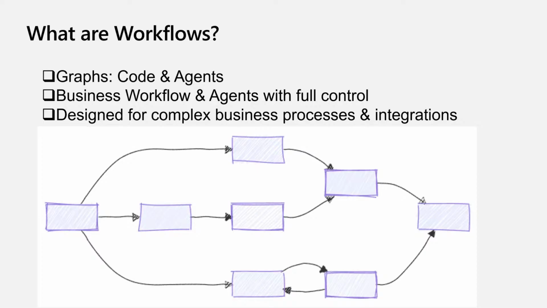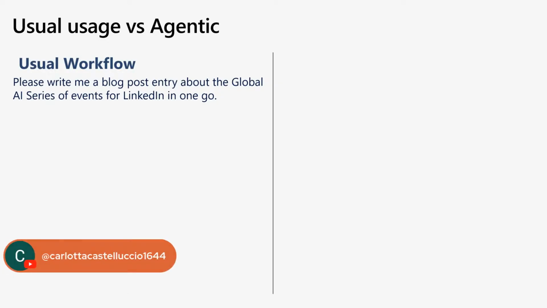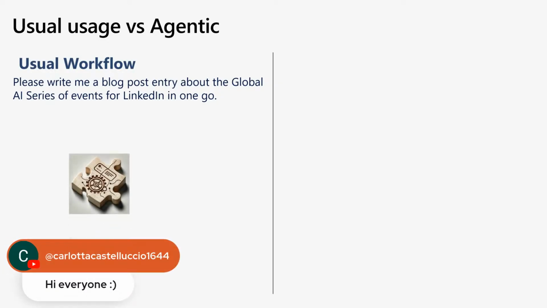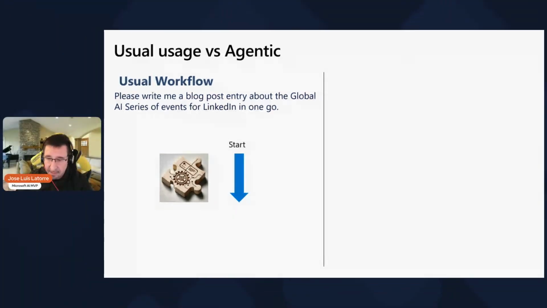And let's first differentiate what makes this change visible in an agentic workflow. So let's first go to the normal usage of an agent or a chat, which at the end is the same. You have a task, which is: write me a blog post entry about Global AI Series for LinkedIn in one go. So you start, you put the prompt, you give some context, and the agent thinks and then provides an output.